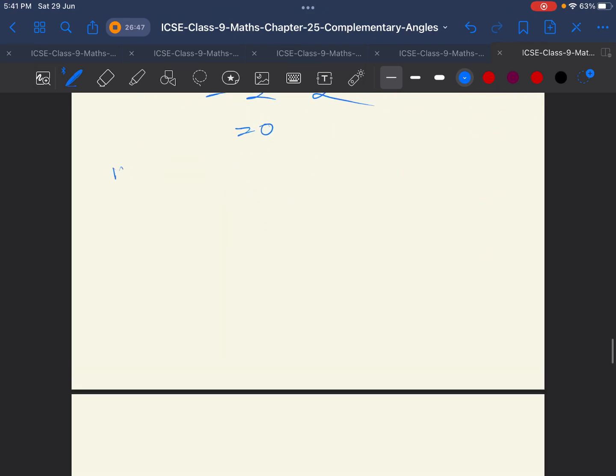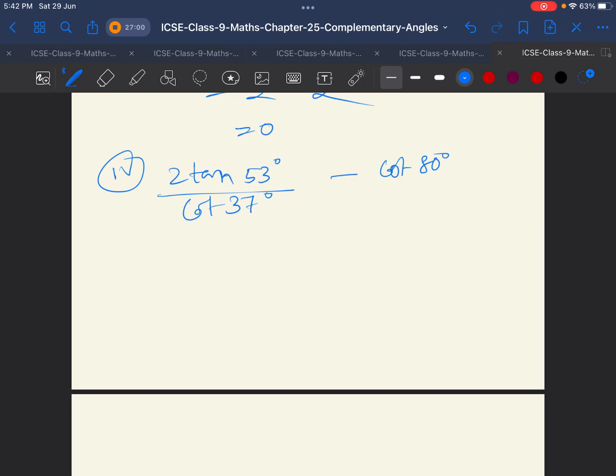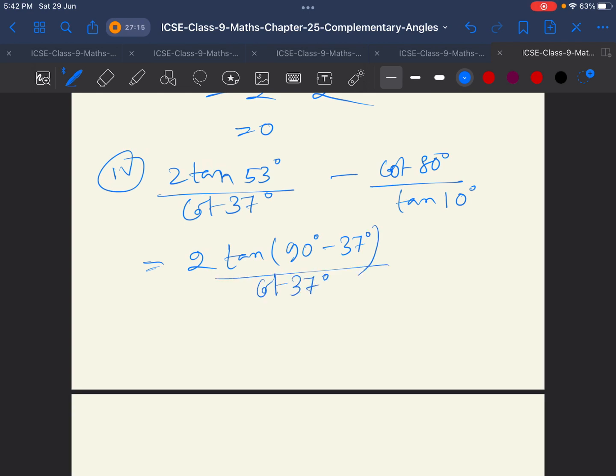Now question number 4: 2 tan 53 degree by cot 37 degree minus cot 80 degree by tan 10 degree.